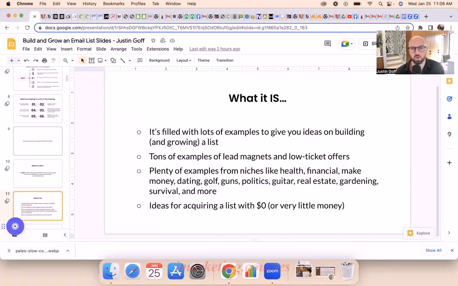I'm gonna share a bunch of them in the training, and then you're also gonna get a PDF with them as well. I made sure to do plenty of examples from a wide variety of niches: health, financial, make money, dating, golf, guns, politics, guitar, real estate, gardening, survival, and more. And then we're also going to go over ideas for acquiring a list with $0 or very little money upfront.